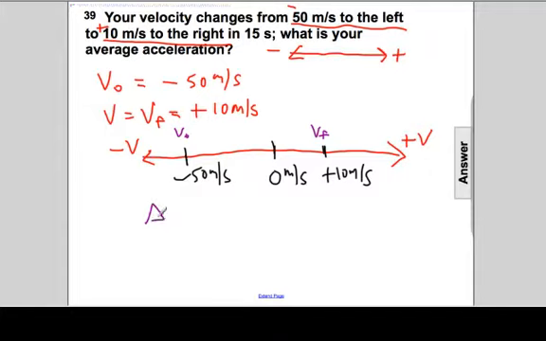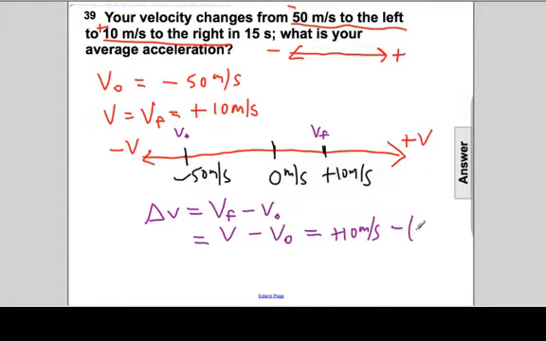Remember, the delta V is the final minus the initial, or we may draw it as V minus V naught. So let's apply. These equations are the same. The final speed is positive 10 meters per second minus the initial speed, that's unusual, negative 50 meters per second.